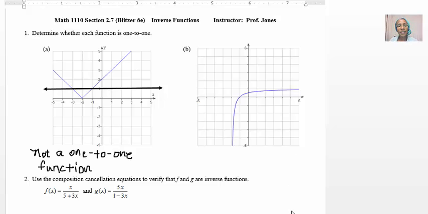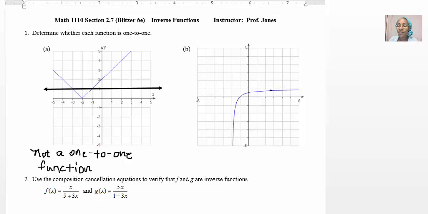All right, so 1a is not a one-to-one function because I do touch this graph with a horizontal line in more than one place. Now, if I look at B, I'll notice that there is no horizontal line that's going to touch this in more than one place. When I look over here, I see that it has what looks like y equal to 1 as a horizontal asymptote.